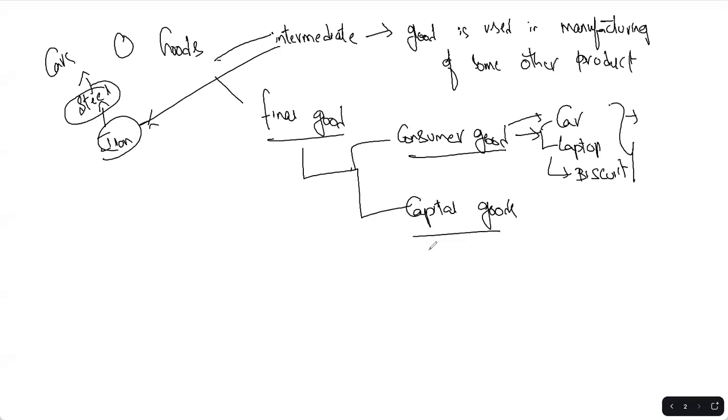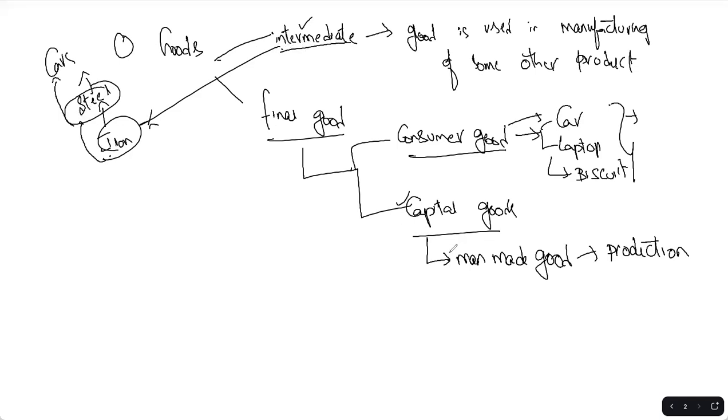Okay. What are the capital goods? Capital goods are those man-made goods, which further play a role in production. Now, what is the difference between the capital and intermediate goods? This intermediate goods, in the process of further production, it gets transformed. Like your iron will get transformed into the steel. Your steel becomes a car. Okay, its traces are no more found, the intermediate goods.